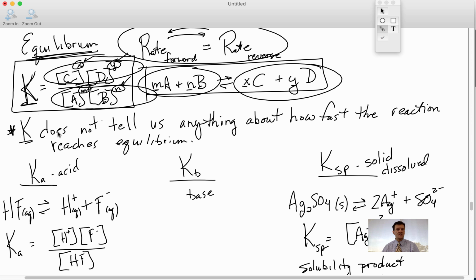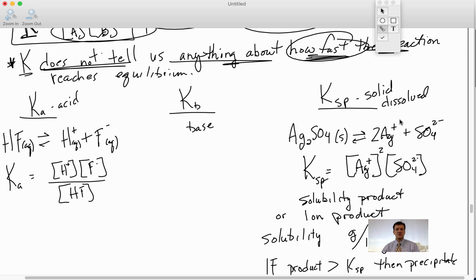It does not tell us anything about the speed of the forward reaction or the reverse reaction. It may be a very, very slow reaction. It may be a fast reaction. That's not the job of K. It doesn't tell us anything about the rate of the reaction itself. That was last chapter when we talked about kinetics.